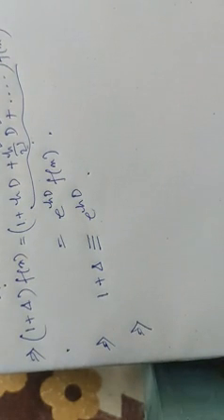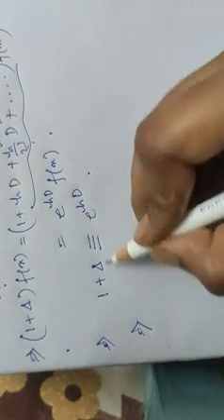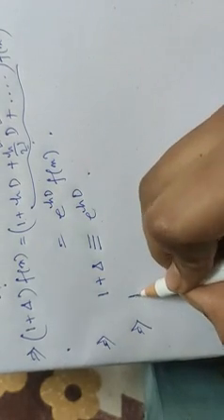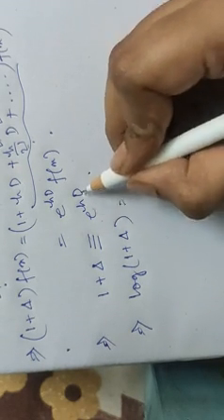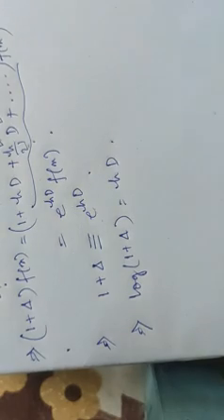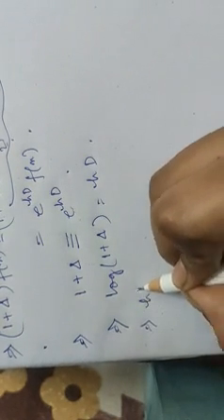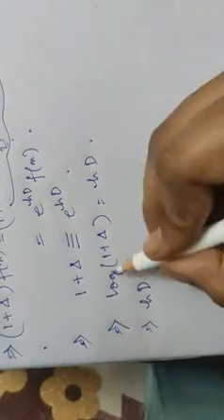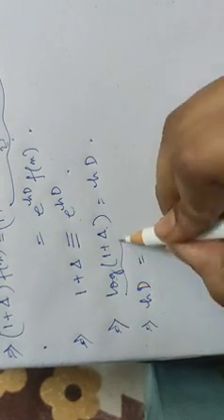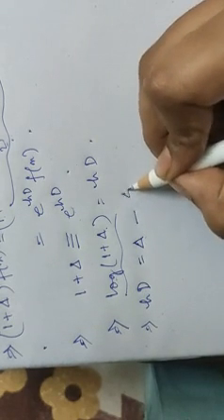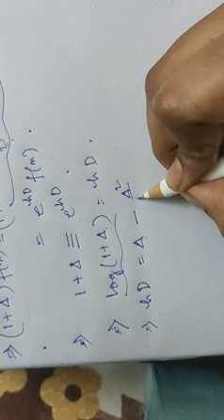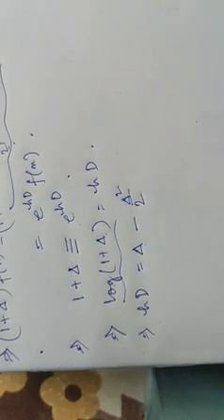Now taking log on both sides, it will become log of 1 plus delta and log of e to the power hD, that means ultimately hD. So hD equals log of 1 plus delta, expanding the log series. So what will we get? It will become delta minus delta square by 2, not factorial 2, only 2.